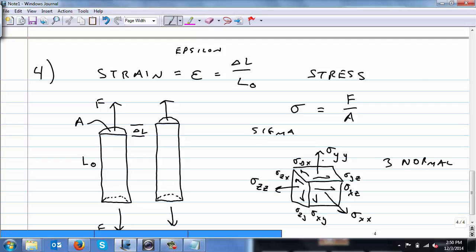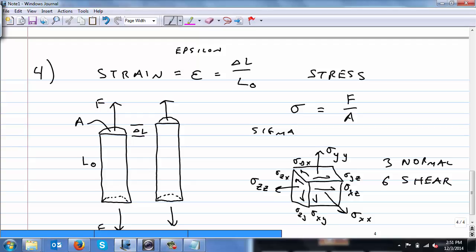and those three normal ones are the double subscripts, the xx, the yy, the zz. Those are the ones you think of as just pulling the thing apart. And then six shear. Those are the three ways that you could rip something apart.